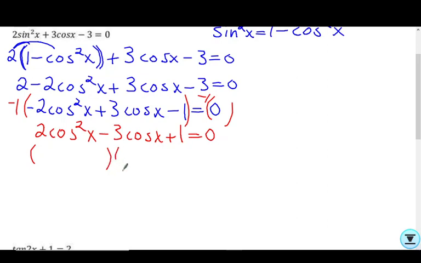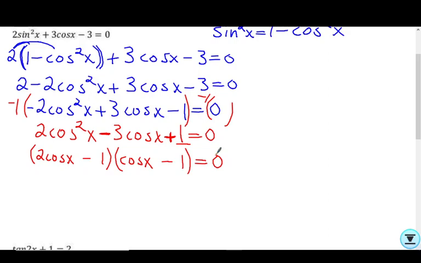So I'm going to split this up as 2 cosine x, and this will be cosine x. 1, since it only has one factor that I can use, this is 1 and 1. Since this is positive here and this is negative, that means that I know both of these should be negative. So there's my factored form.